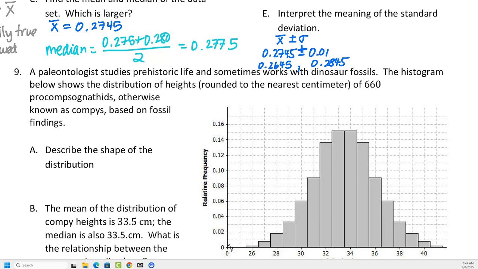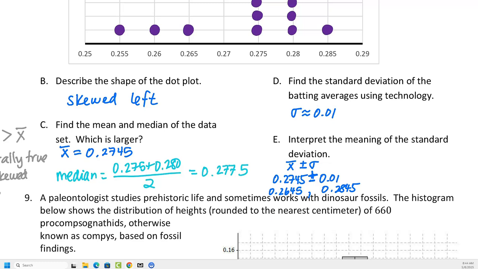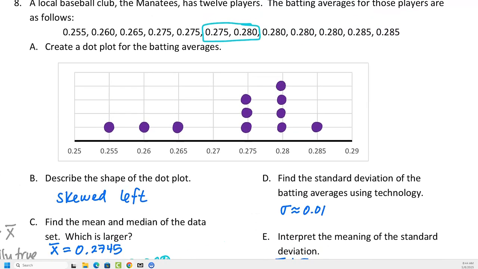So let's, easy enough to calculate it really quick here. 0.255, 0.260, 0.265, 0.275 times, 0.280 times, and then finally 0.285.